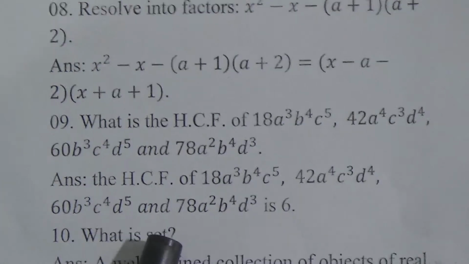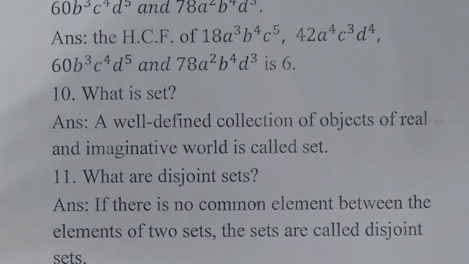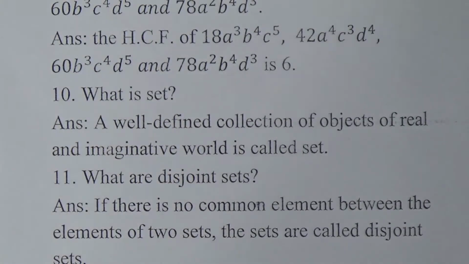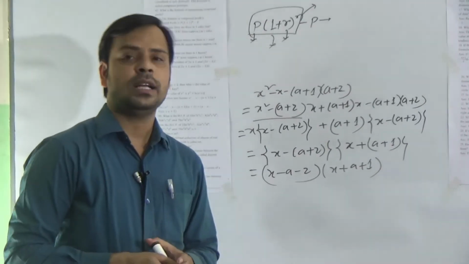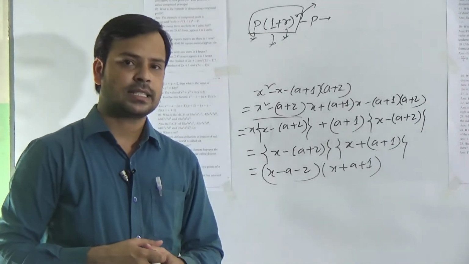Now next question, what is a set? You have to say what is the definition of a set. A well-defined collection of objects of the real and imaginative world is called a set. Dear students, it means that we may consider something. Suppose we are saying one set of glasses.